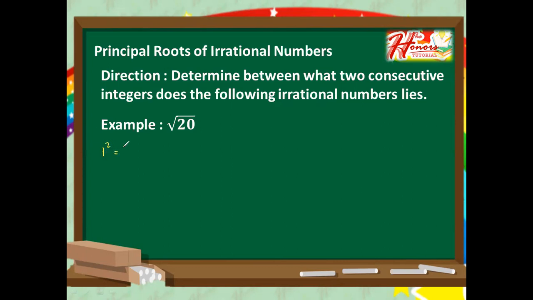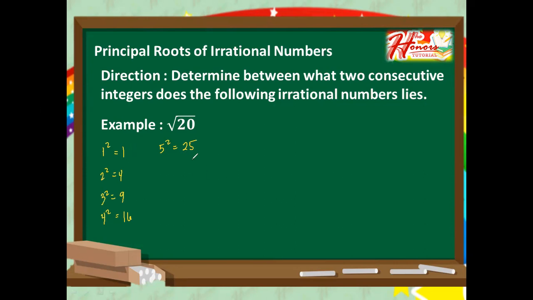If we have 1 squared, we have 1. If we have 2 squared, we have 4. If we have 3 squared, we have 9. If we have 4 squared, we have 16. If we have 5 squared, we have here 25. We don't have 20 here, so therefore we are going to look for two consecutive integers.